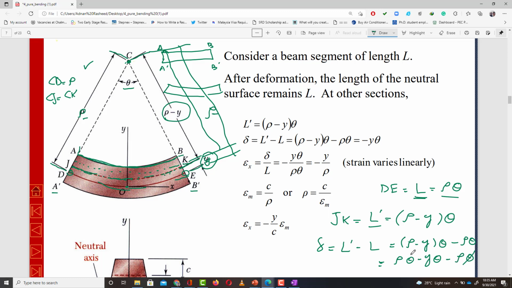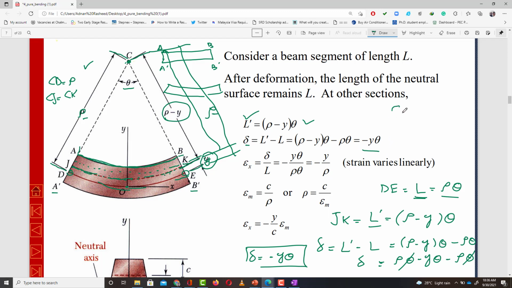Rho theta will cancel with rho theta. We are left with change in length or deformation equal to minus y into theta. That is given over here. This L dash is equal to rho minus y into theta, so change will be equal to new length minus original length, which is equal to minus y into theta.